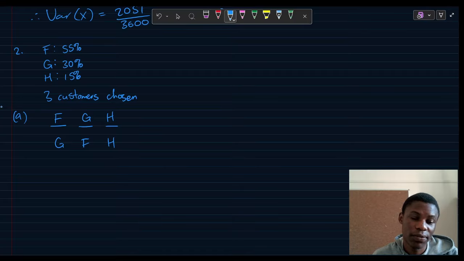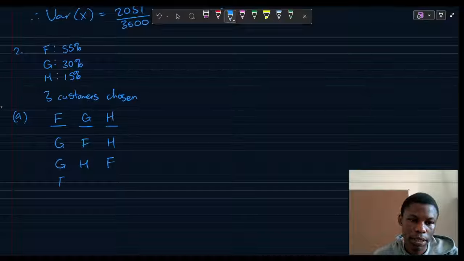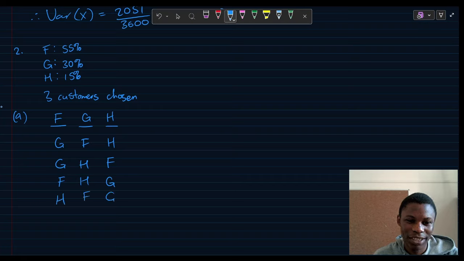This is 3 factorial. So we could have 6 different combinations. Because we could then do G, H, F. And I've missed another, F, H, G. And I'm not doing this in the most logical way.